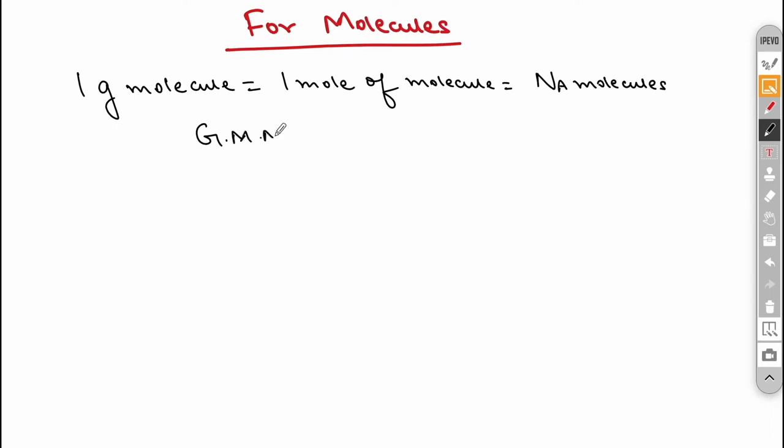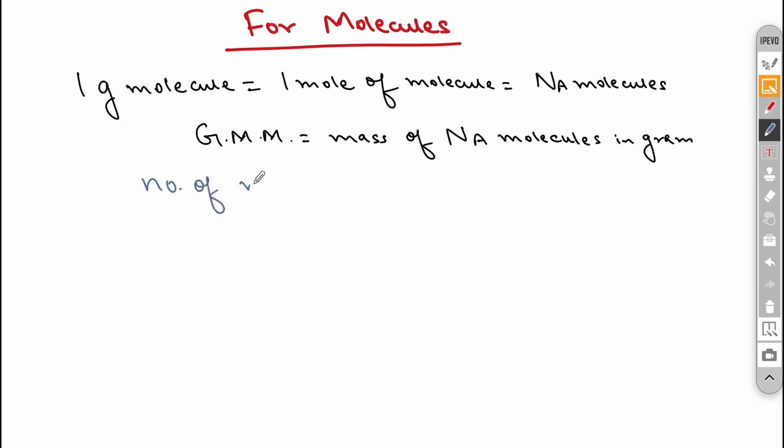The gram molecular mass is basically the mass of Na molecules in gram, right? This is GMM. Also number of moles we can write for molecules.